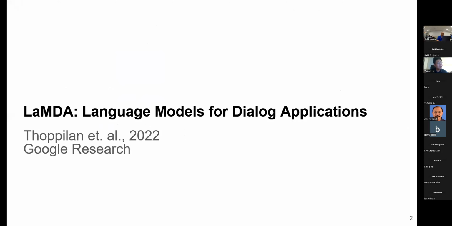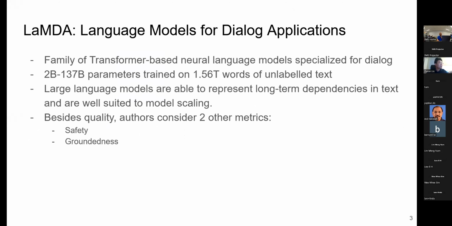Okay, so the next thing I'm going to talk about is Lambda. It's very new. In fact, the paper just came out this year, and it's by this team at Google Research. Lambda is a family of transformer-based neural language models specialized for dialogue. In a way, it is similar to Blenderbot, which is also a family of transformer-based neural language models for dialogue.